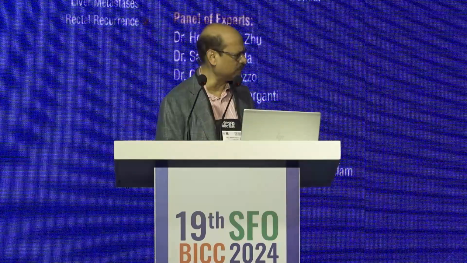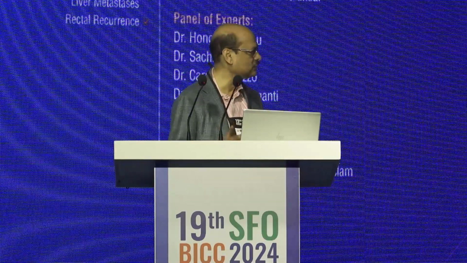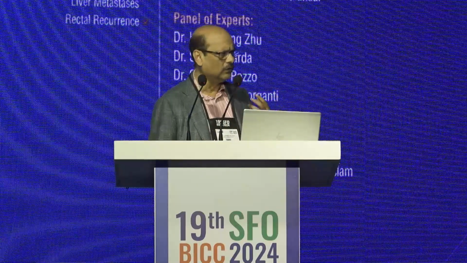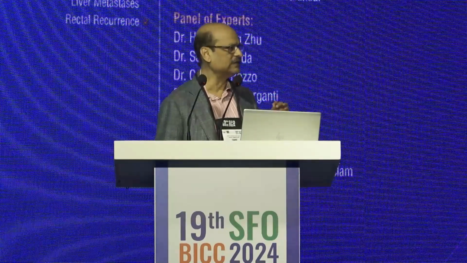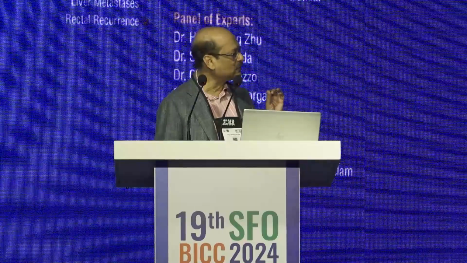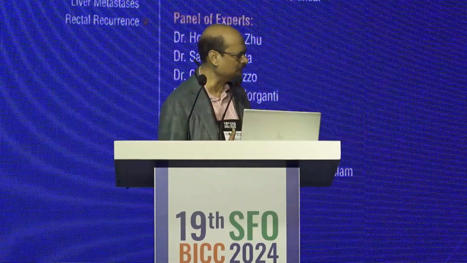Now sometimes there is iatrogenic tumor perforation. Again, we as pathologists cannot understand whether it is iatrogenic or the original perforation. So we always try to communicate to the surgeon, whenever there is a perforation, please mention whether it is iatrogenic or not. And the iatrogenic perforation can happen within the abdominal cavity, or outside the abdominal cavity.